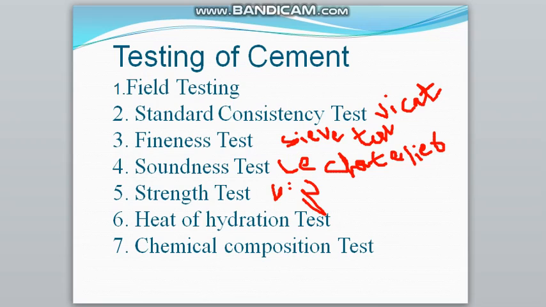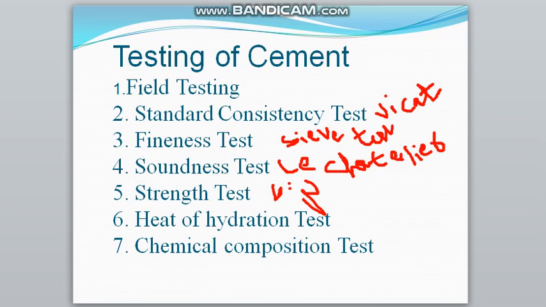This mixture is cured for 24 hours at a temperature of 25-29 degrees centigrade in an atmosphere of 90% relative humidity. The average strength for 6 briquettes tested after 3 days and 7 days is recorded. So this is one of the important tests, tensile strength of cement.